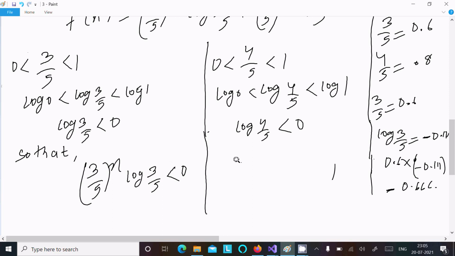The same thing with 4 by 5: 4 by 5 power x is greater than 0, but if we multiply with log 4 by 5, which is less than 0, it becomes negative. So (4 by 5) power x log 4 by 5 is less than 0, so both terms are less than 0.